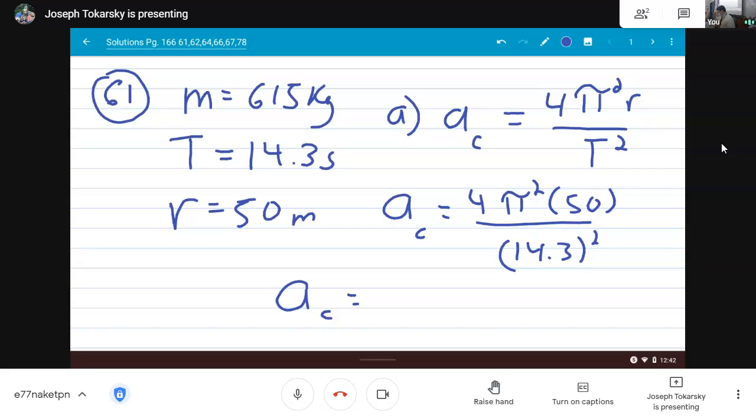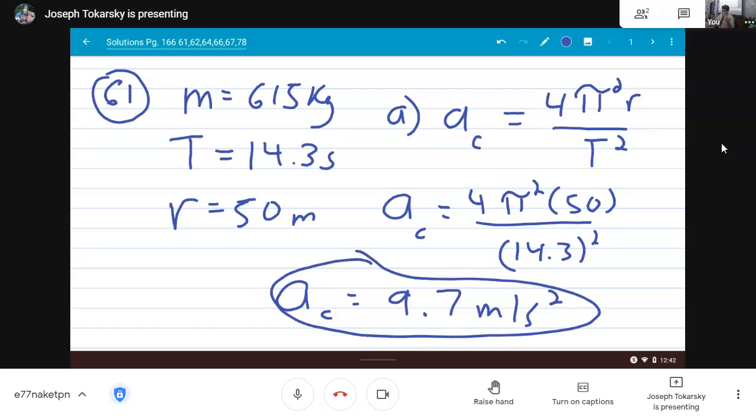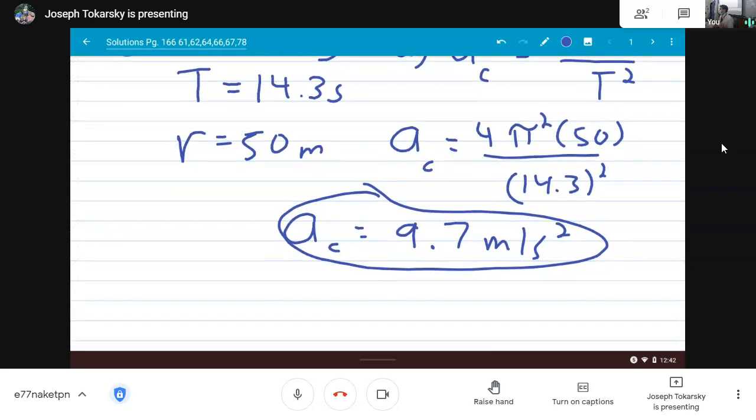You get about 9.7, or 9.65, whatever you round it to is fine there, in meters per second squared since it's acceleration. So, pretty straightforward one. Get the givens out, find the right equations. Don't have to rearrange it, pop them in, go. We okay on that part?